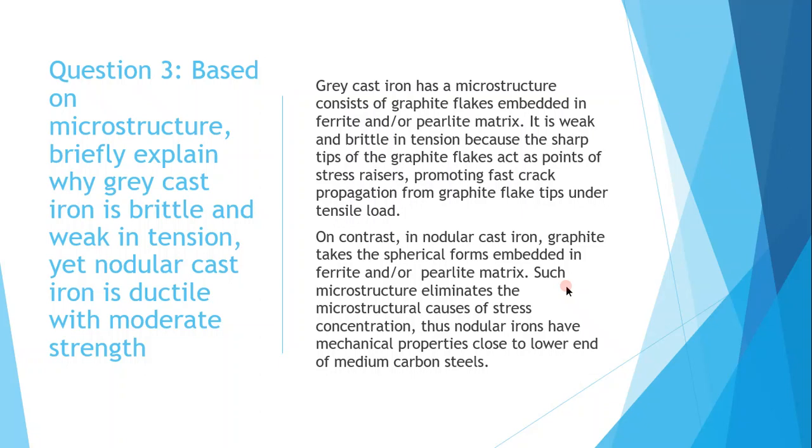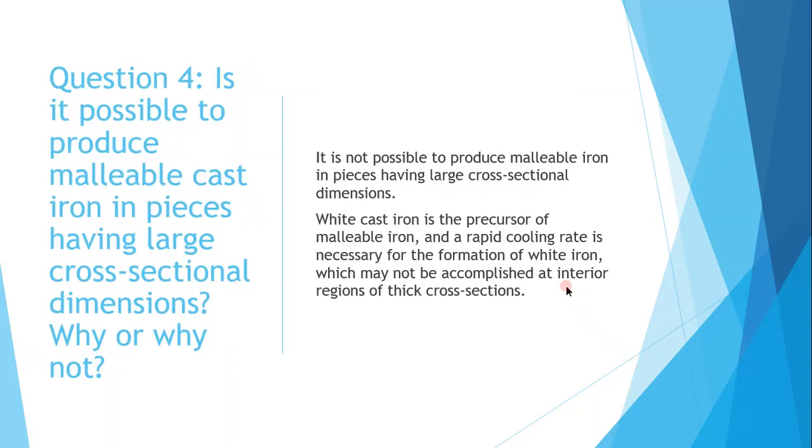In contrast, in nodular cast iron, graphite takes the spherical form embedded in ferrite and/or pearlite matrix. Such microstructure eliminates the microstructural causes of stress concentration. Thus, nodular irons have mechanical properties close to the lower end of medium carbon steels, which is quite nice, but of course, they're more expensive.